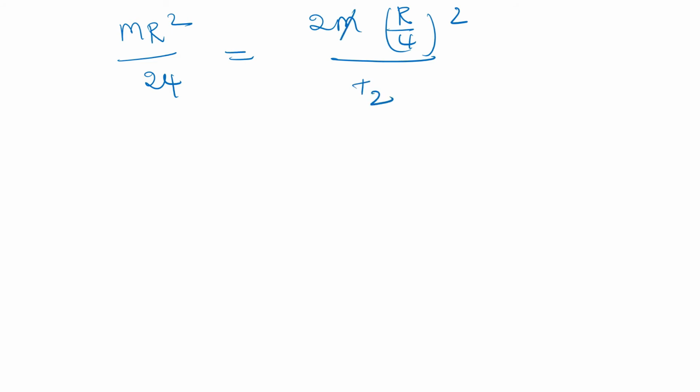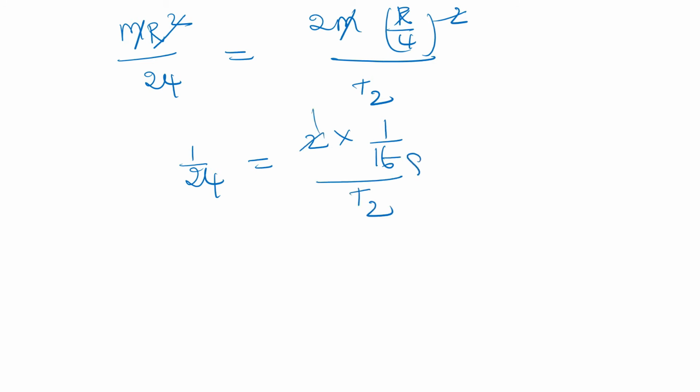Here m gets cancelled and r square also gets cancelled. The remaining is 1 by 24 is equal to 2 into 1 by 4 square, 16, by T2. 2 ones 2, 8 just 16. So 1 by 24 is equal to 1 by 8 T2.